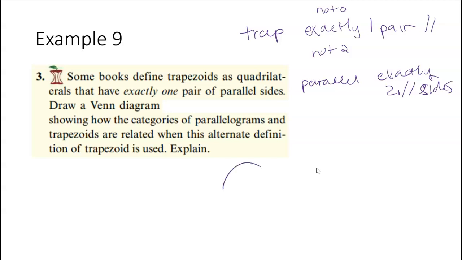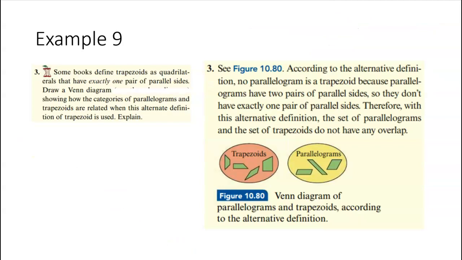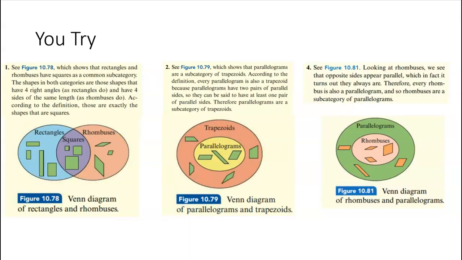So if I was to draw a Venn diagram, they would be totally separate. This would be trapezoids and this would be parallelograms because they don't have that in common. And here it's written out for you. And then you go ahead and give these 3 a try and press play when you're ready to see the solution. And there you go.